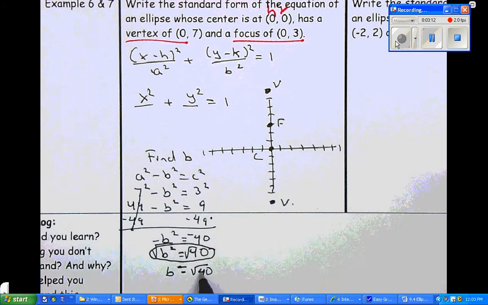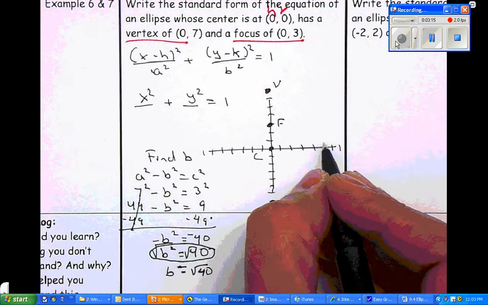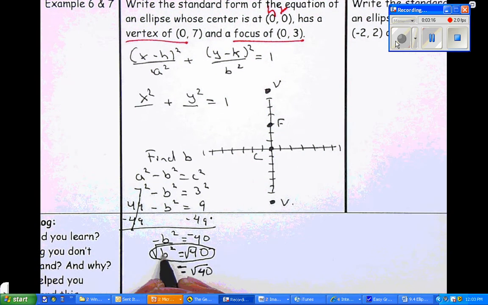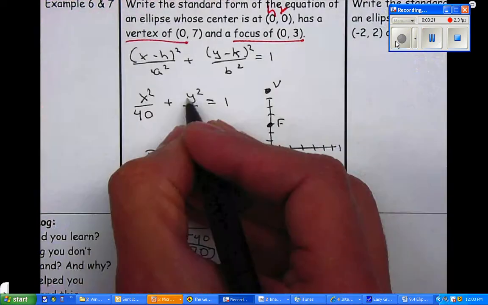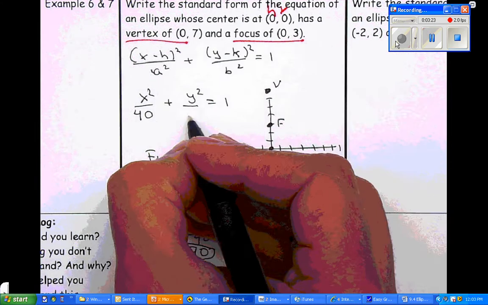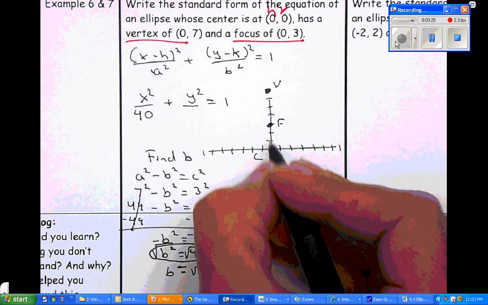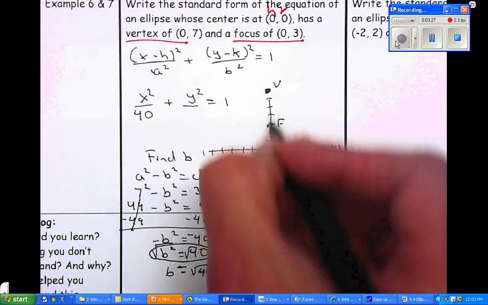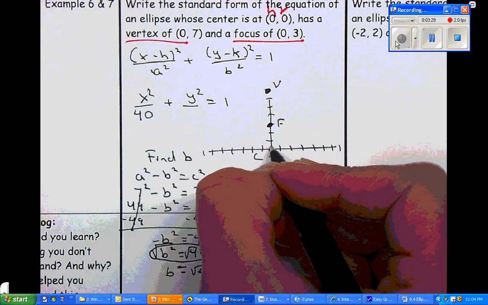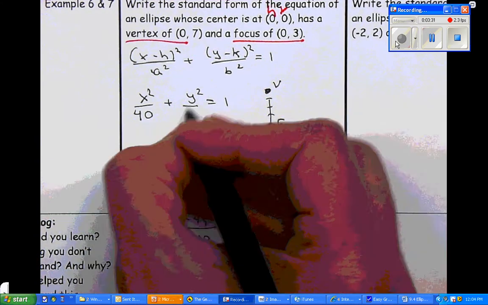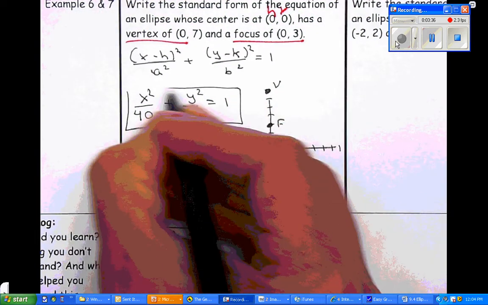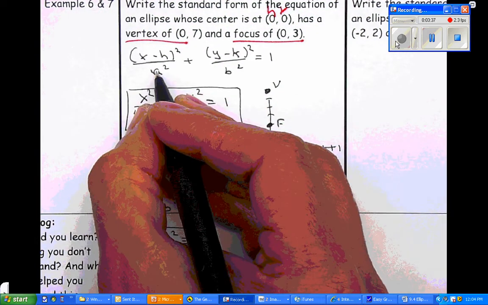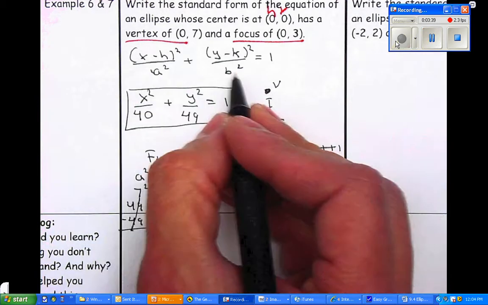The value under x will be the value of b. In this case, we got the square root of 40, but we're just going to take b squared, which is 40. That will make it easier. The value under y is how much we go up or down: 1, 2, 3, 4, 5, 6, 7. So this will be 7 squared, which is 49. Sometimes the denominators will be inverted, which really doesn't matter.